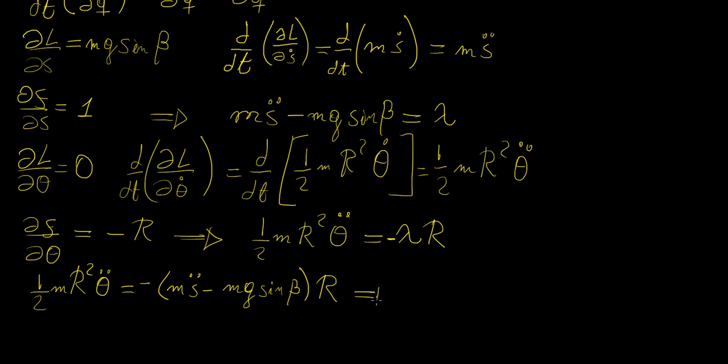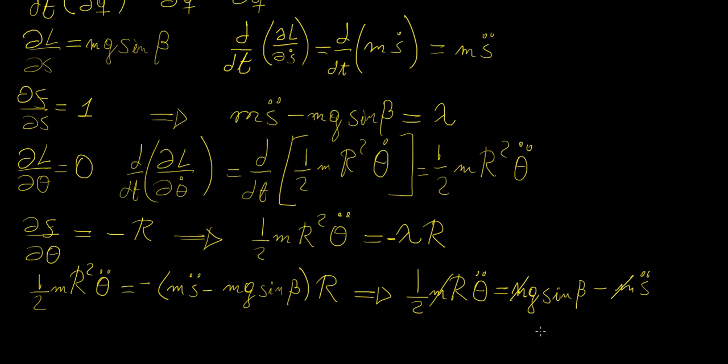And now this is going to become half of mr theta double dot equals to mg sine beta minus ms double dot. So the m is going to cancel out.